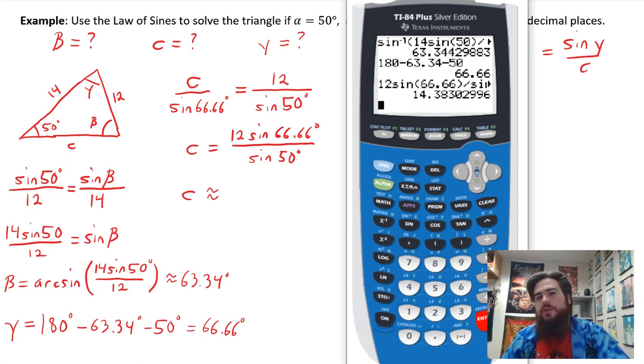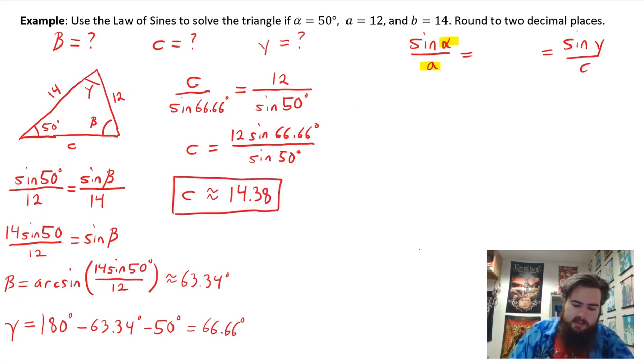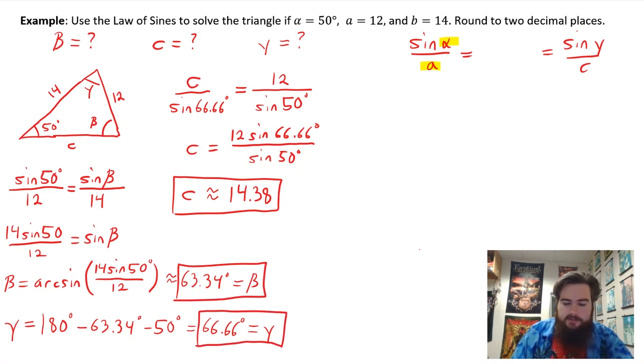That therefore means it should likewise be across from the largest side length. So 14.38. So, we now have values for beta, gamma, as well as C, and therefore have solved the triangle.